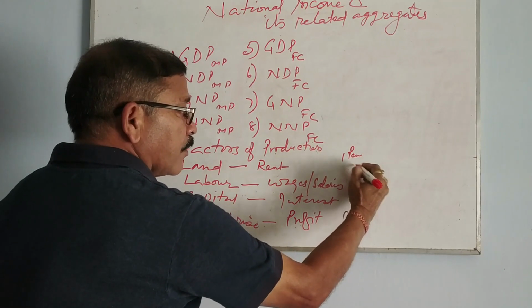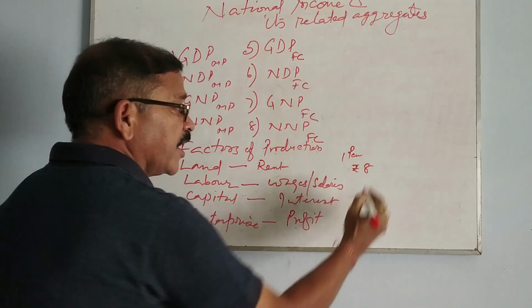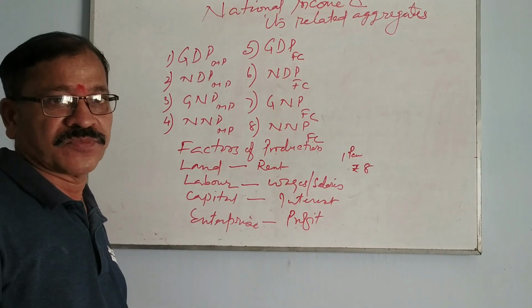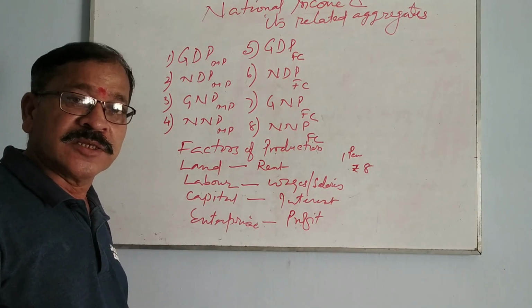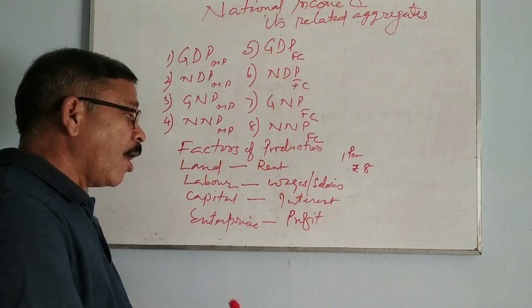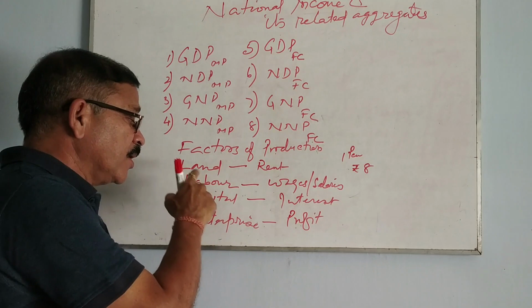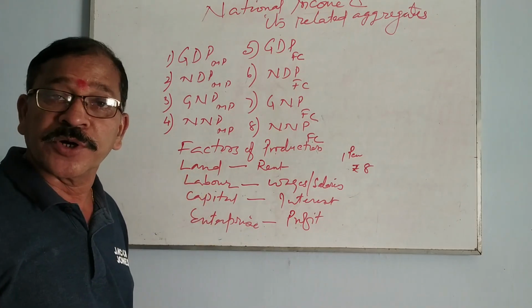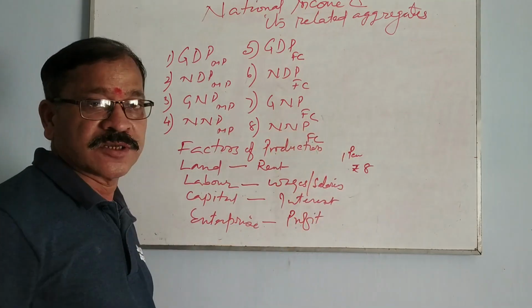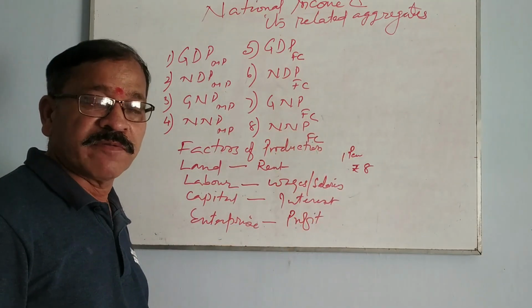So the total cost is 8 rupees. Rupees 8 is factor cost. That means 8 rupees I spent on land, labor, capital, enterprise in order to produce a pen. That is called factor cost.